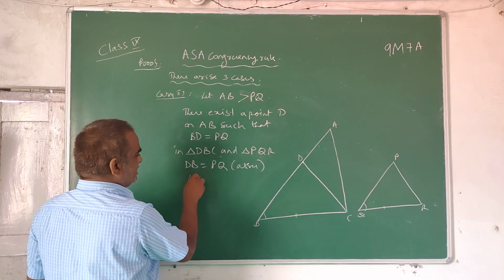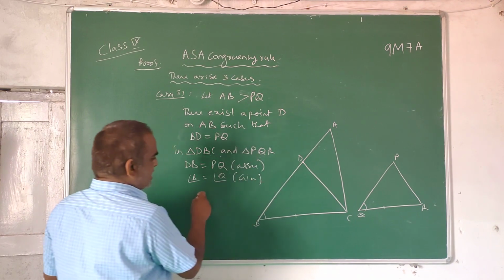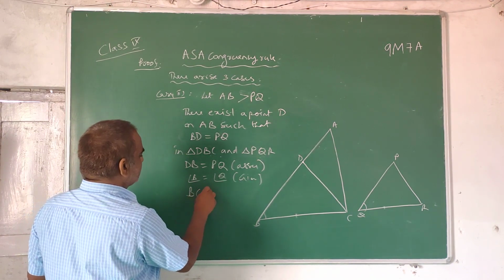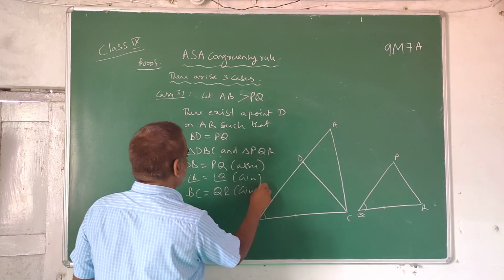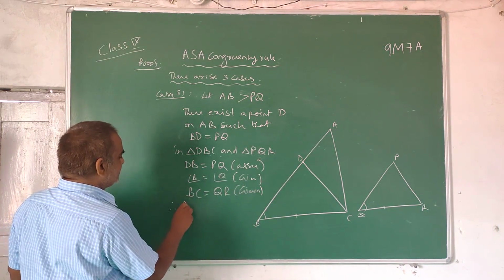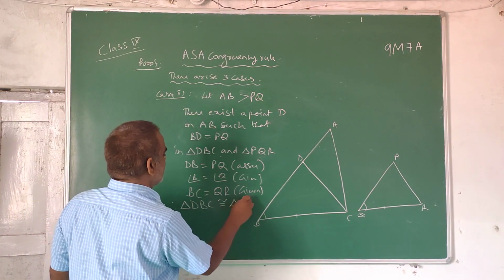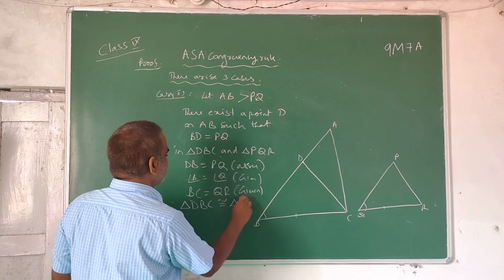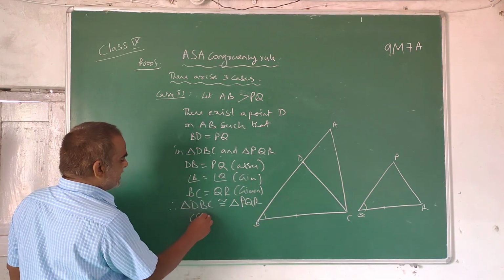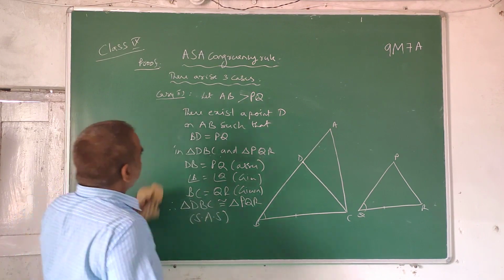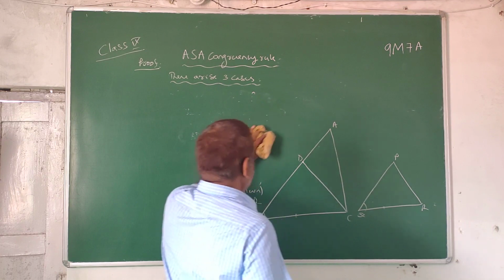Angle B is equal to angle Q is given, and BC is equal to QR, again it is given. Therefore triangle DBC is congruent to triangle PQR by SAS axiom. Understood?